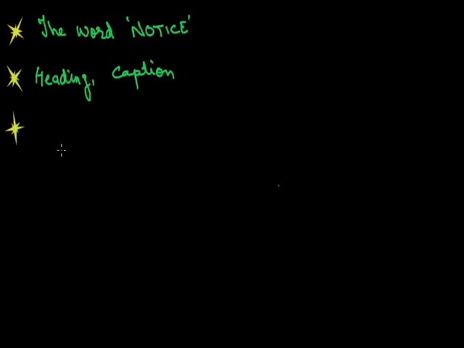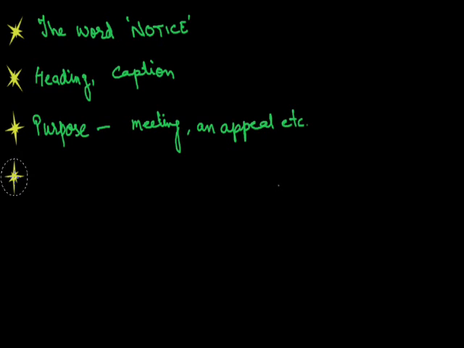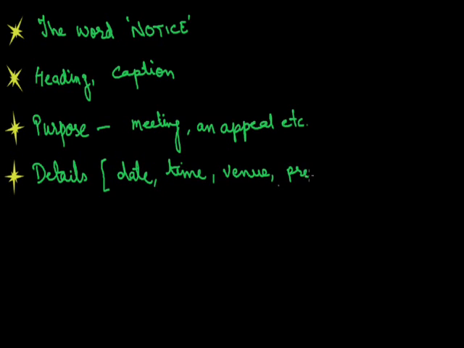Then we'll write the purpose for which it has been written. Example, if there is a meeting, an appeal, etc. Then details of schedule: details about date, time, venue, program, duration, right?